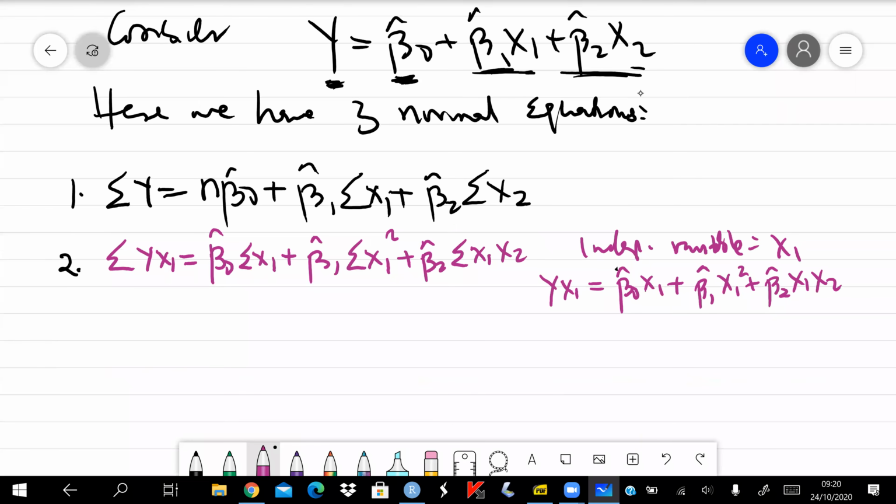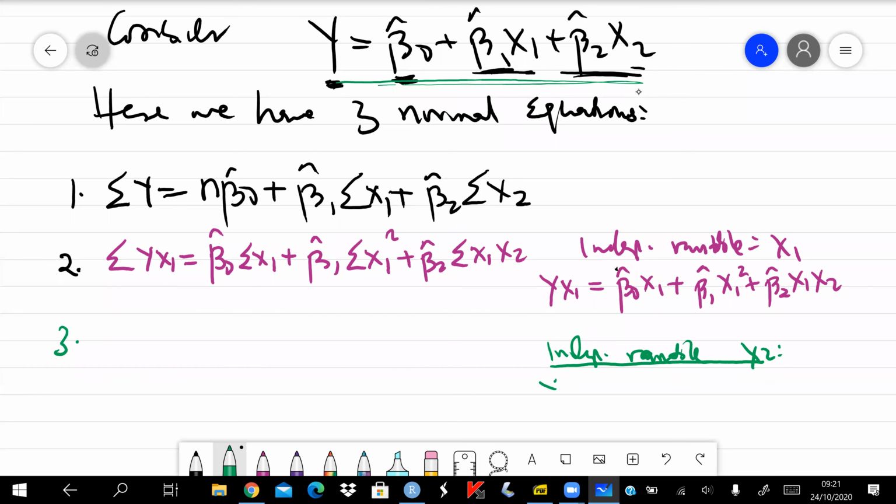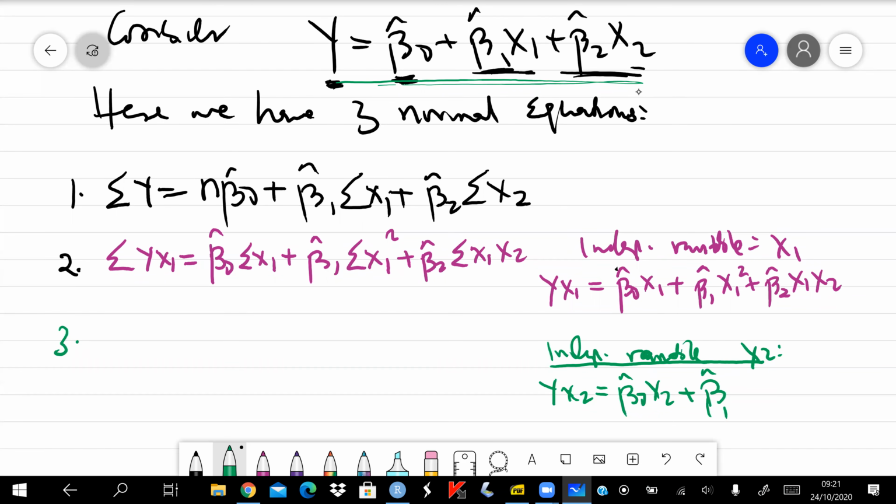Then your third normal equation: now we work with the second independent variable, which is x2. Multiply everywhere in this equation by x2. So you end up with y x2 is equal to beta naught estimate x2 plus beta 1 estimate x1 x2 plus beta 2 estimate x2 squared.